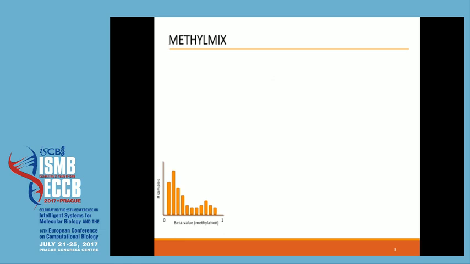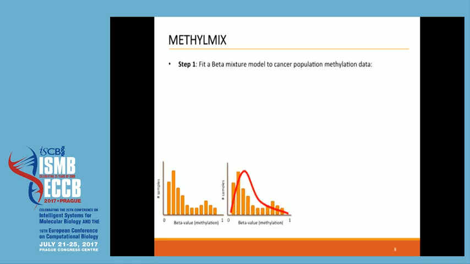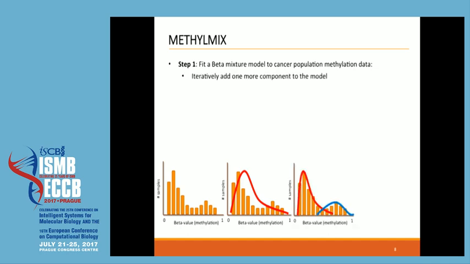The first step MethylMix applies is to identify the number of abnormal methylation states for a given gene. If you take the methylation data for a given gene across the patient population, it first will fit one beta mixture model that will fit all of the data for this gene. It will then fit a second model with two different components that will identify two different subgroups within the data.